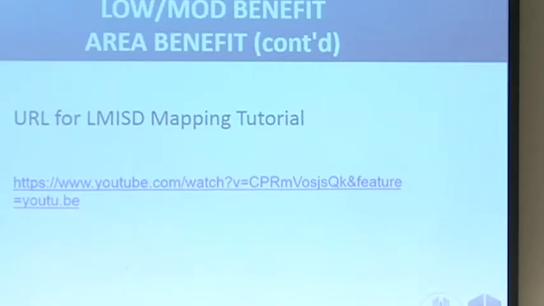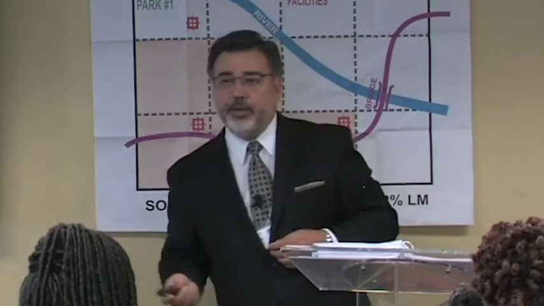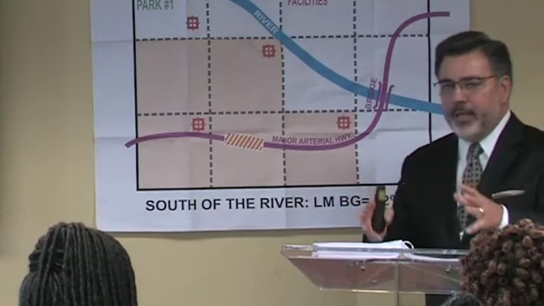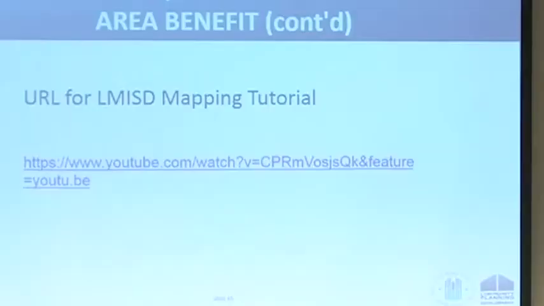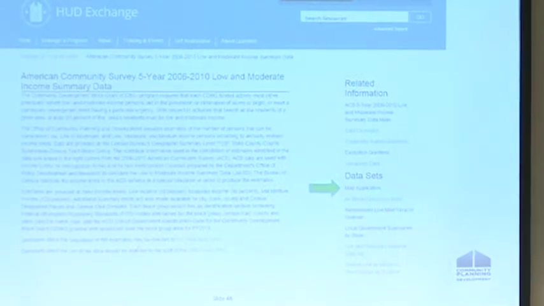So number one, there's a YouTube video on how to use this mapping tool. Now, the tool doesn't map your areas. You're going to go into the HUD Exchange, and after you look at the video, you're going to go to this map application.